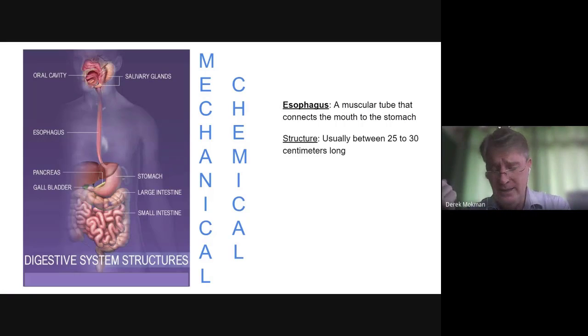And by the way, that muscle movement of pushing the food through the digestive system is there all the way. The stomach also has peristalsis. The large intestine and the small intestine also have peristalsis, this muscle movement.